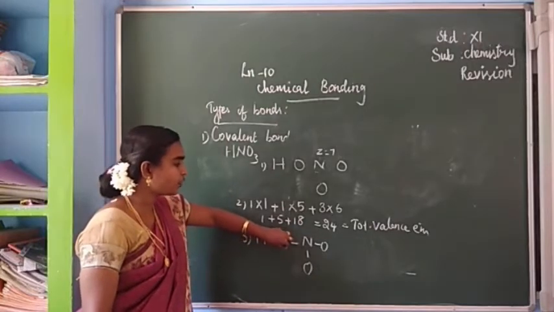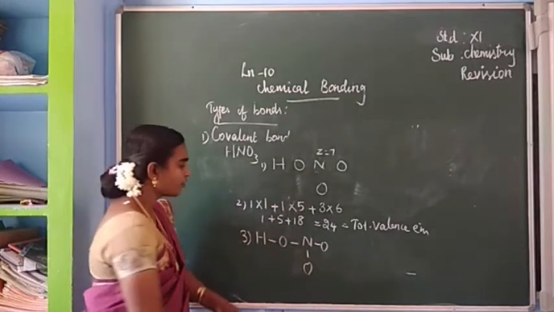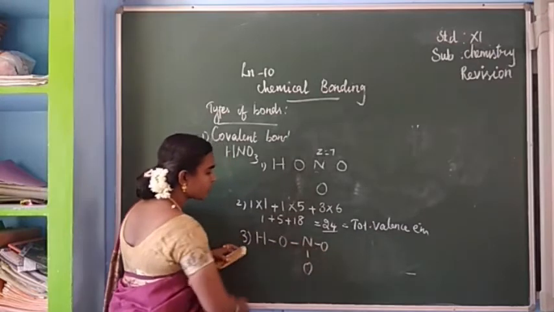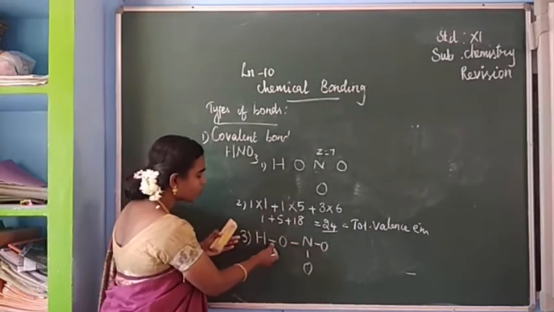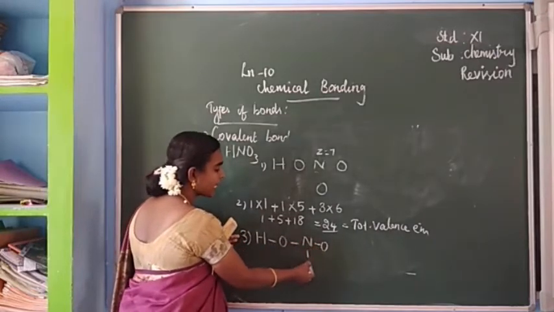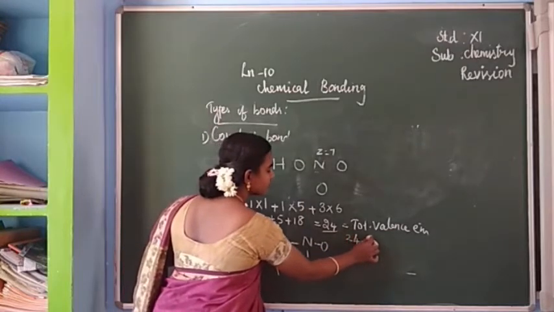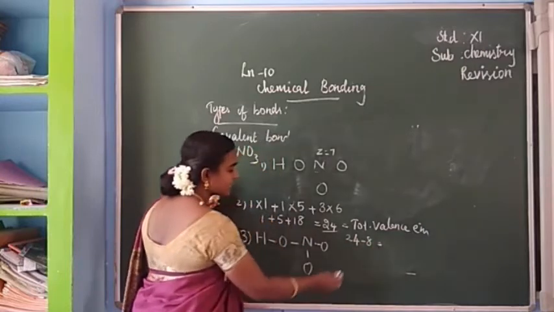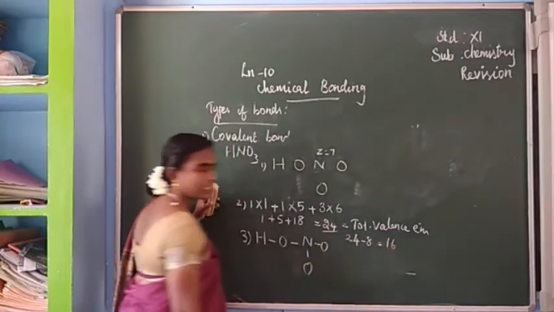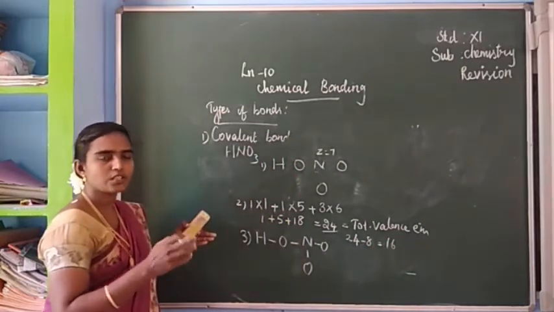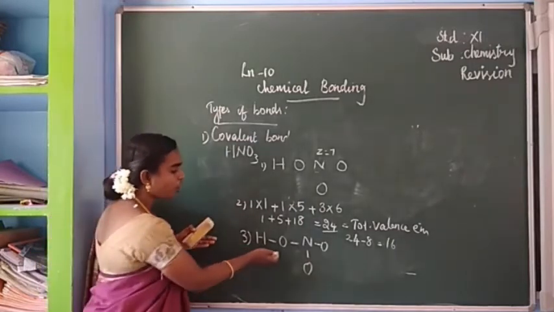So we have to give the electrons to it. We have 24 electrons. Among those, we subtract 2, 4, 6, 8: 24 minus 8 is 16 electrons.